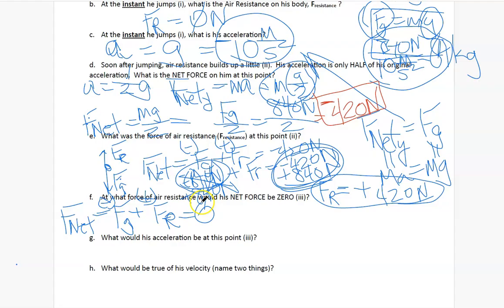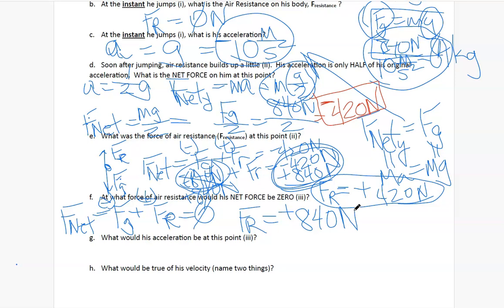If that's going to be zero, it means that the air resistance must be exactly balancing his weight. Well, if the weight force is negative 840 newtons because it's pointing down, that means the air resistance force must be positive 840 newtons to balance it up. So part of the reason for giving you very little room here is to use logic instead of formulas, but I wanted to show you the formulas as well.